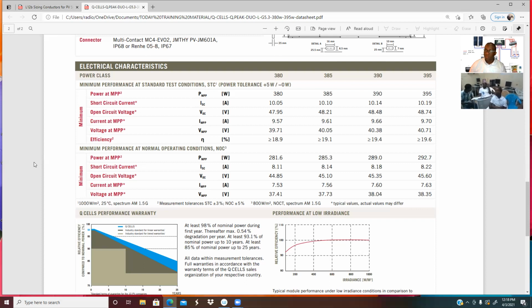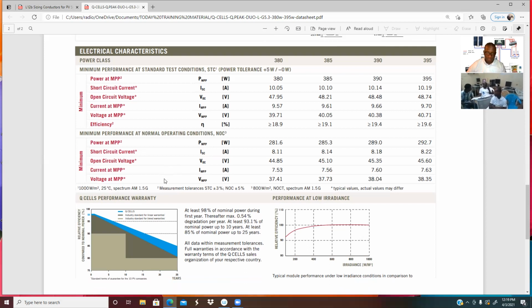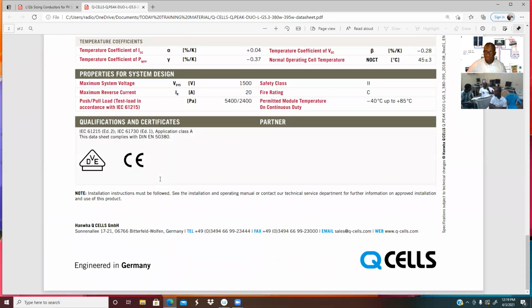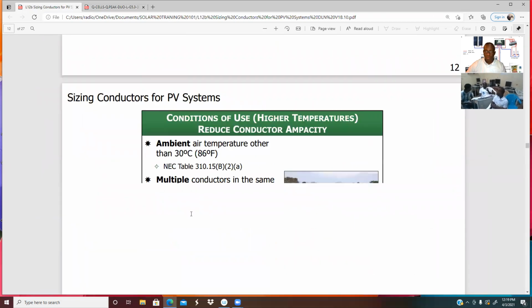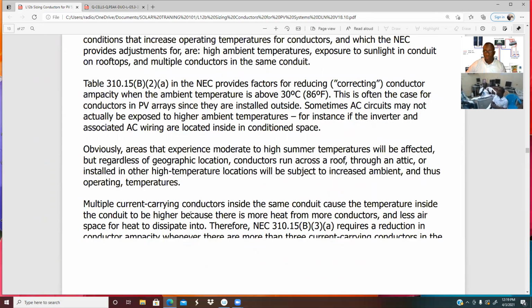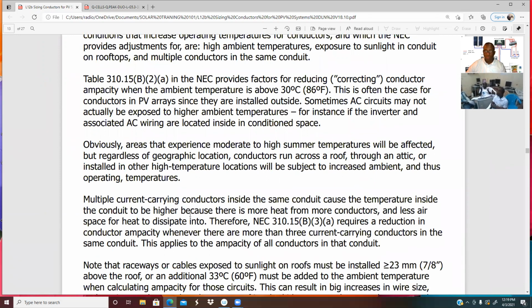What I'm saying is that the maximum current that we get is to bear the force of the current coming from the array. First of all, you work from the array to the circuit.